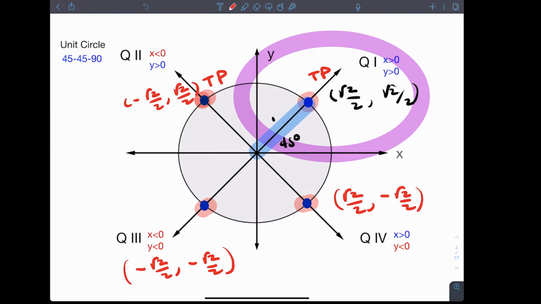What does that mean? All students take calculus. You should.